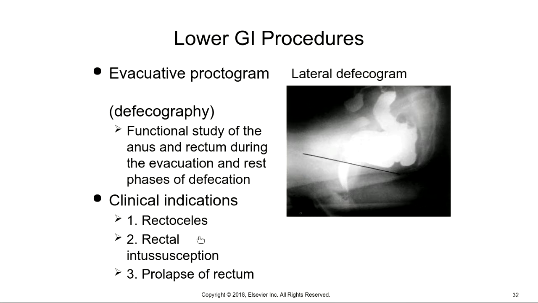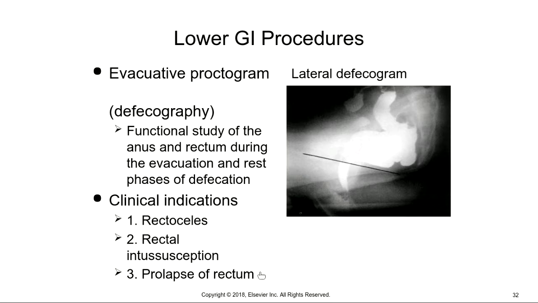The other would be rectal intussusception. Remember that intussusception is a telescoping of one section of the bowel on itself or on another portion. So the rectum actually telescopes into itself. That might be another reason a patient would have this ordered. And the third reason would be a prolapsed rectum.